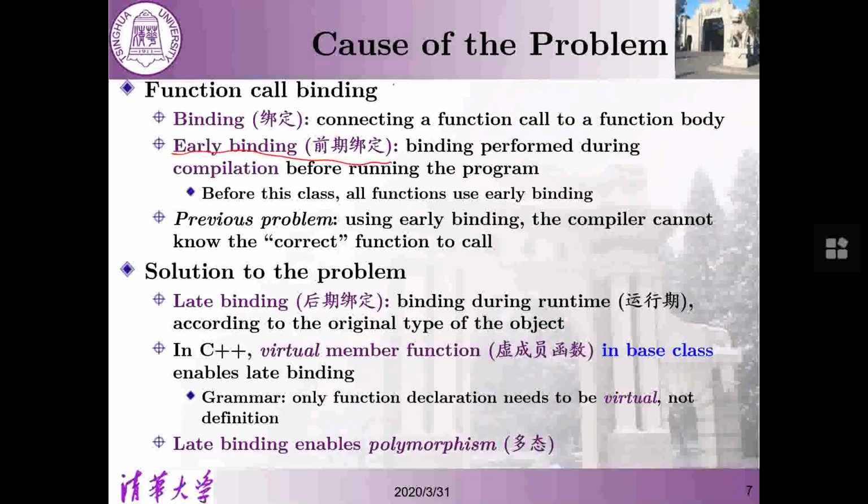So binding means we have a function definition. This is the body. Either this is a member function or a general function. Then here are some function calls. The binding is we try to bind the function body to the function call. Right? So this is binding.